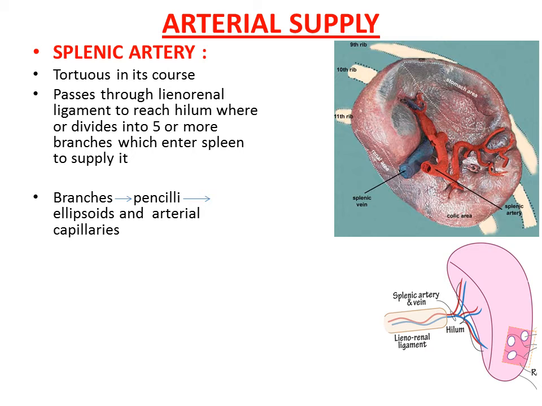Another theory is the open theory. According to the open theory of splenic circulation, the capillaries end by opening into the red pulp, from where the blood enters the sinusoids through their walls. Still others believe in a compromise theory, where the circulation is open in the distended spleen and closed in the contracted spleen.